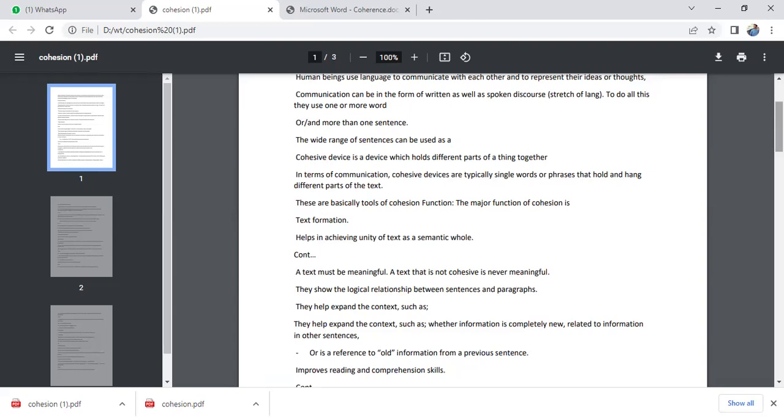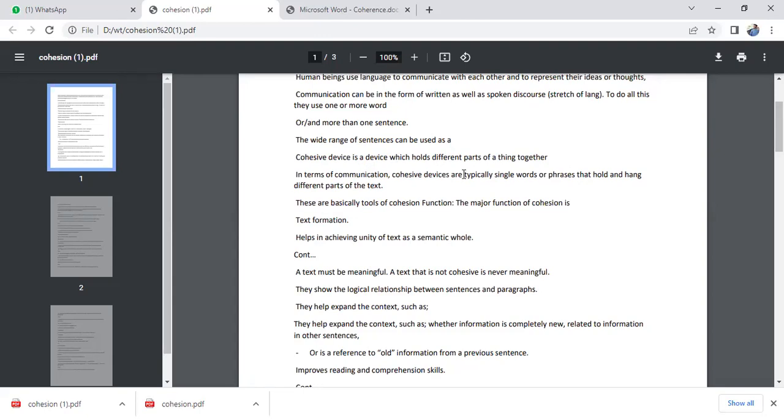But when it comes to writing, it joins certain phrases, certain sentences, certain ideas, certain paragraphs, fine. So over here, we'll talk about cohesive devices in that context: we will use words in order to join phrases, we will use words in order to join sentences, fine. And through these cohesive devices, through these words, we will actually bring unity in our writing, we will actually bring coherence in our writing, fine.